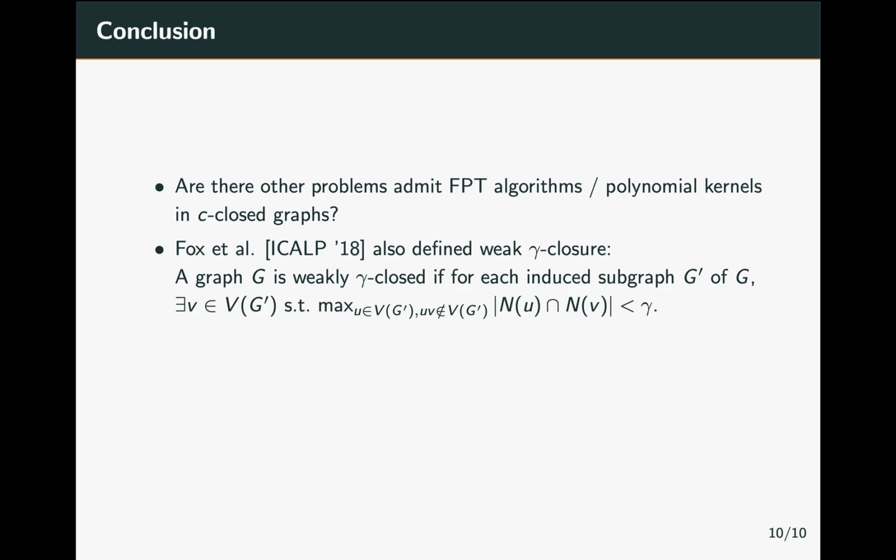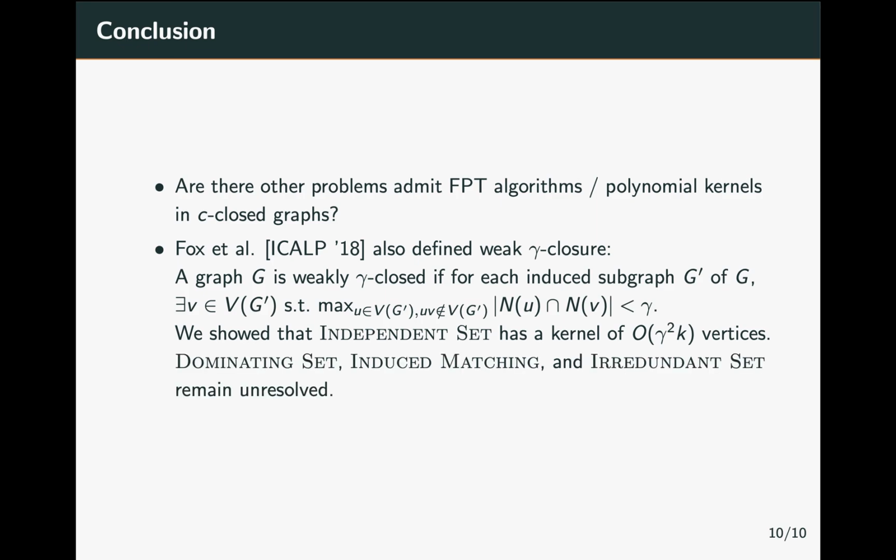So this gamma is going to be smaller than c, and we actually show that independent set has a kernel of gamma k squared vertices. But other problems such as dominating set, induced matching, and redundant set remain unresolved.